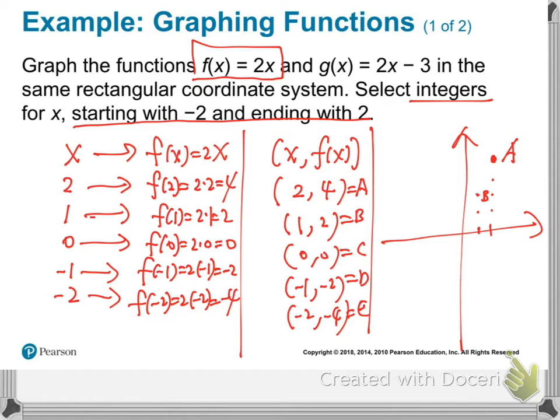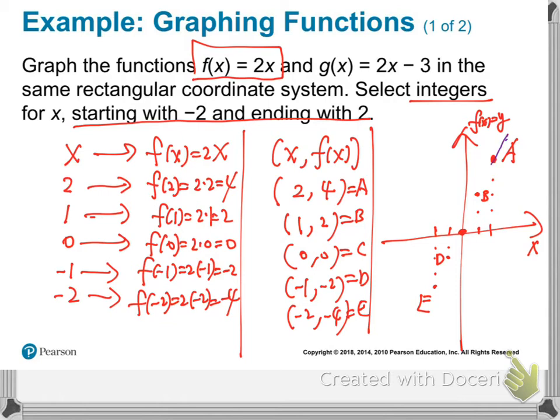This is B. C is the center, 0, 0. Here is x, and this is f of x, which is the y-axis. Then -1, -2 is D. And -2, -4 is E.